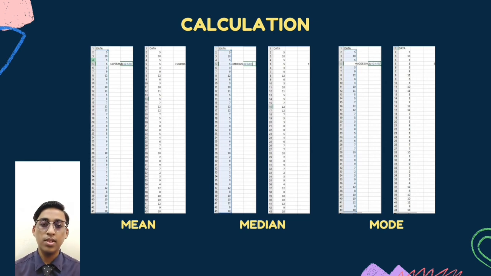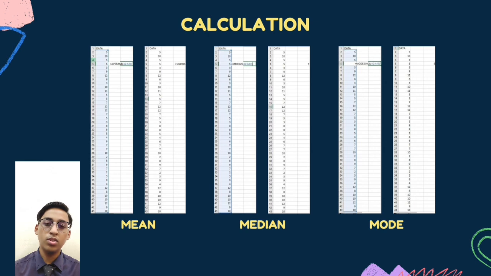Next, we have the median. For the median, I click another empty cell and type the equal symbol, then write MEDIAN, open bracket, and like the mean before, it's from cell A2 to A43, then close the bracket and press enter.